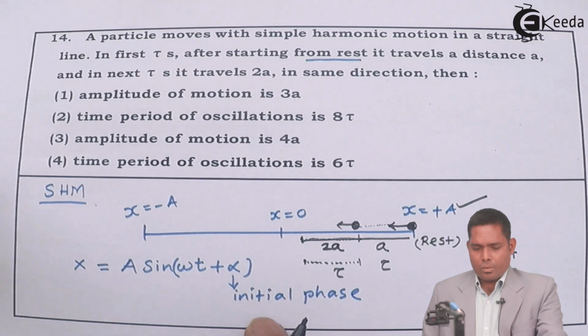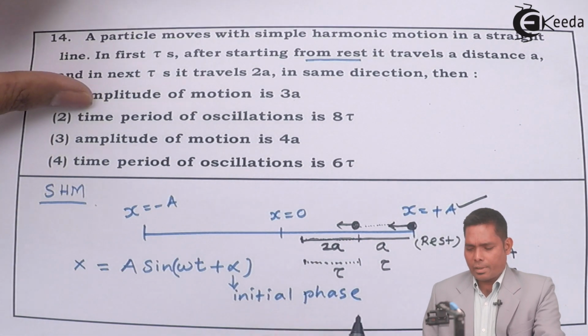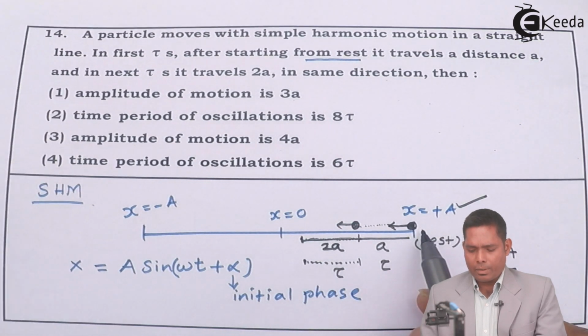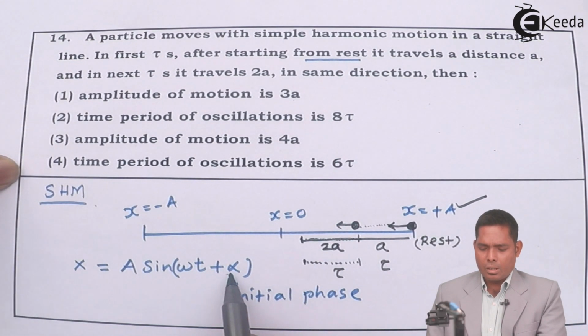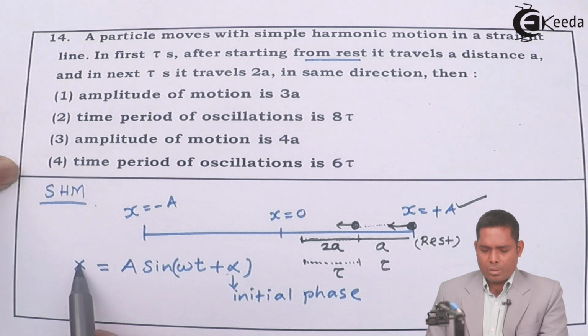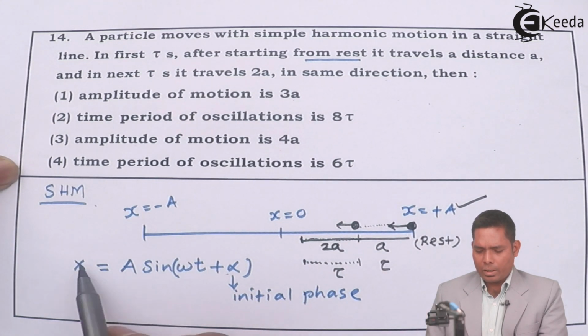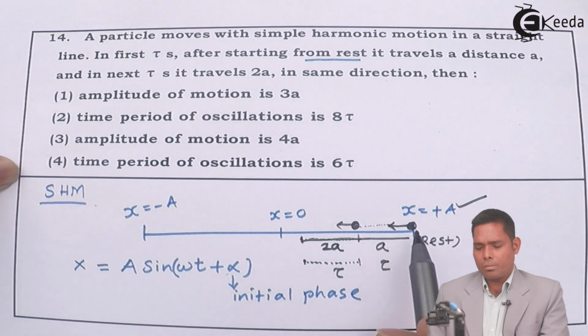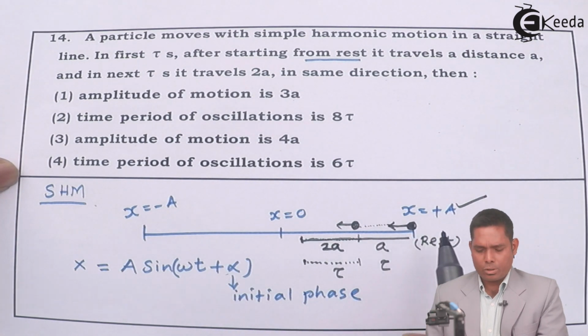Now from where does it start its motion? From the extreme right. So the initial phase will be pi by 2. If I put alpha equal to pi by 2, I get the displacement equation for the particle when the motion starts from the extreme right position.